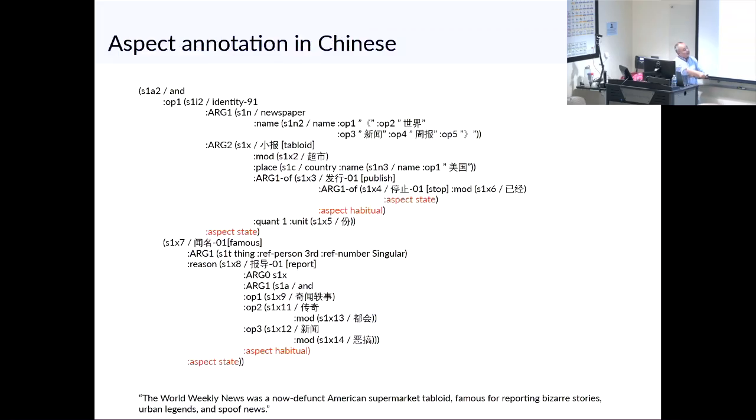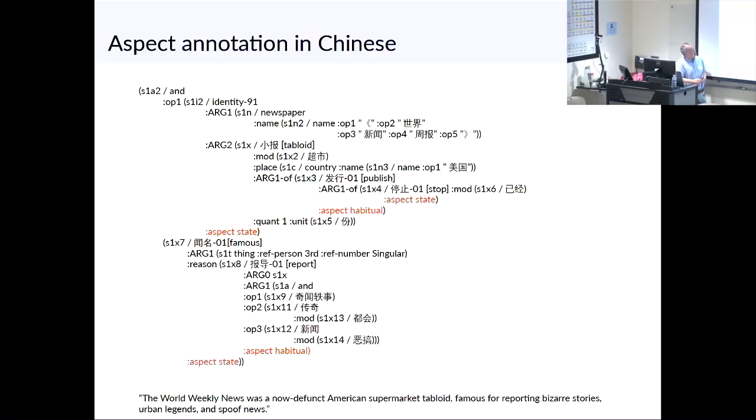But you can still infer from the context, right? So here, this is the product that refers to the defunct, so that's like a state. You can infer that to be the case. Before it stopped, it was being published, and we assume that it's going to be published continuously, so that's more like habitual in that sense.